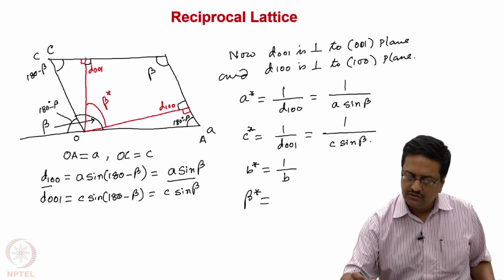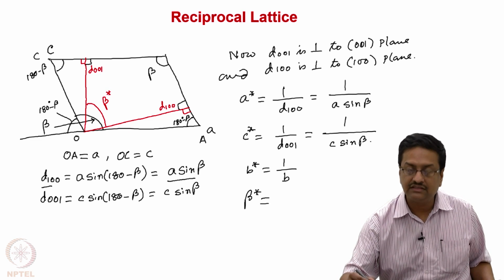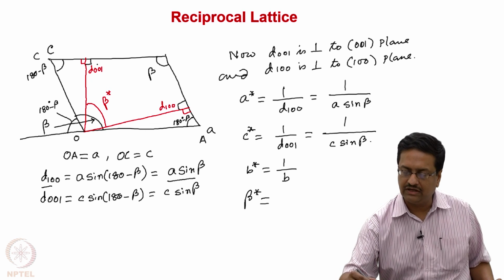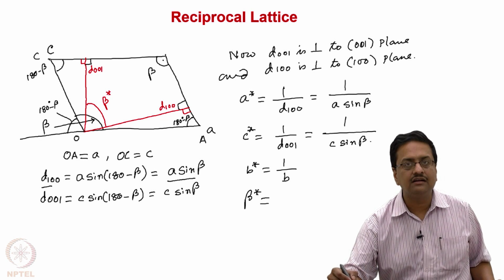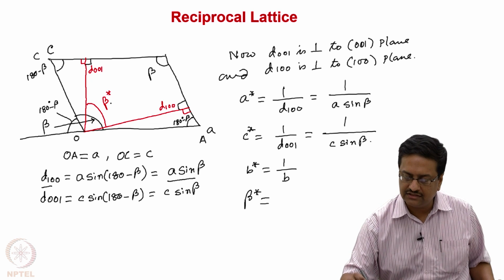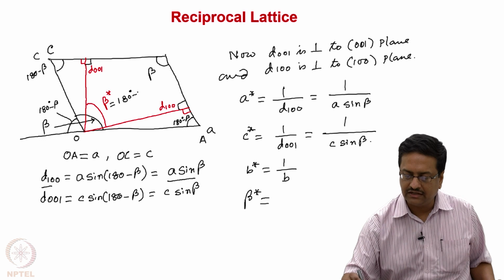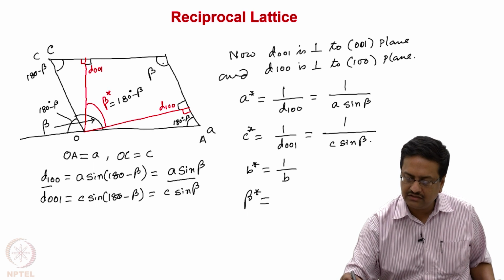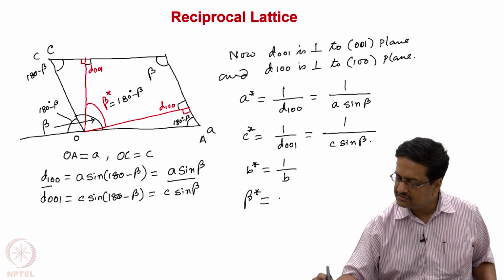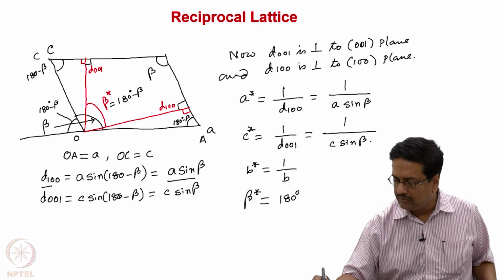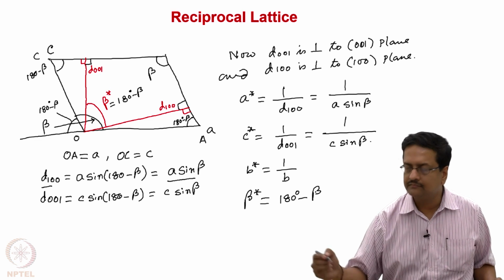So, in case of this quadrangle, two angles are 90 degree. So, this is 180 plus beta. So, this angle is nothing but equal to 180 minus beta, because these two angles should correspond to 180 degree, because the other two angles correspond to 180 degree. So, beta star is equal to 180 degree minus beta.